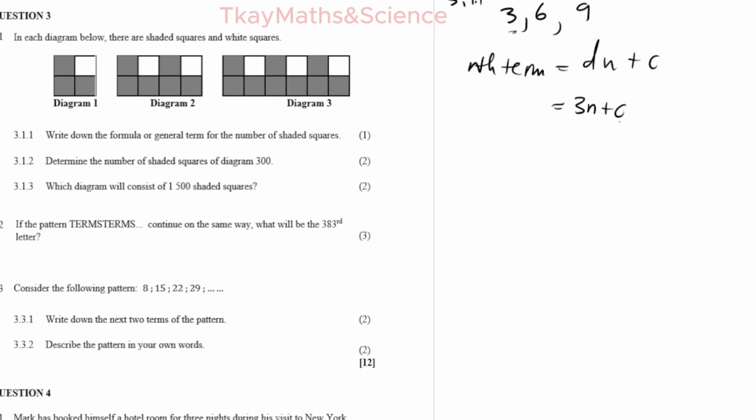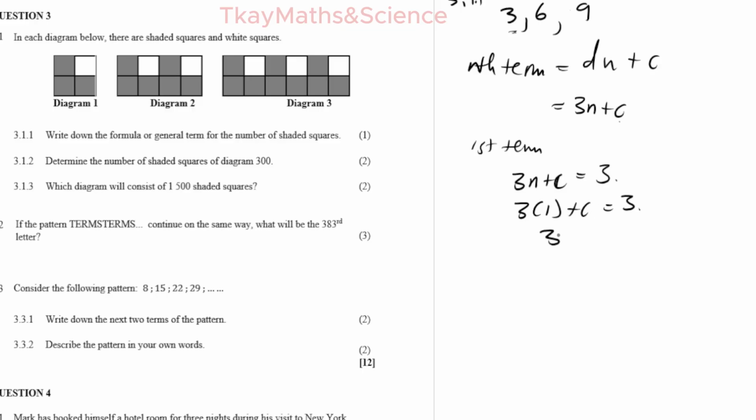But how do we find the c? We're gonna equate it, let's say the first term here. Okay, so when n is equal to 1, first term is equal to 3. So that one must equate to what? 3n plus c must equal to 3. Okay, so now n is 1, 3 times 1 plus c is equal to 3.